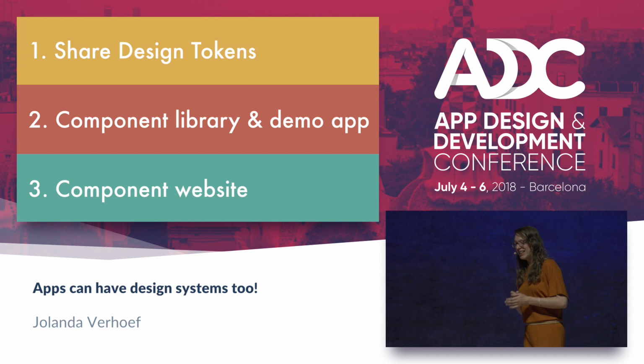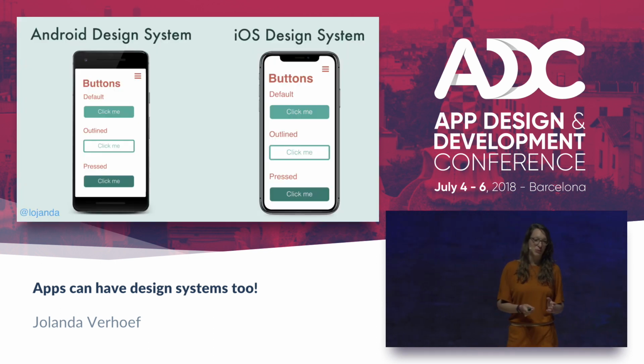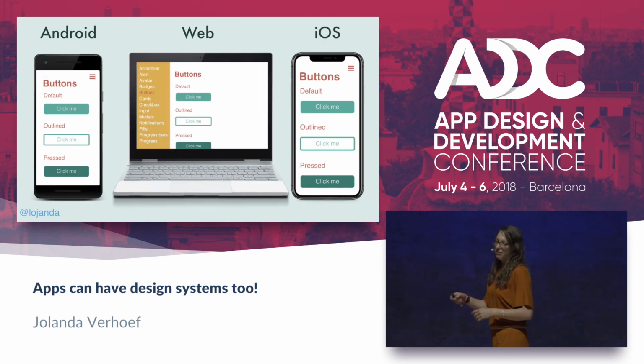And that is kind of cool, but it's not fully ideal, because we now have this Android app that will show us all the components that are available for Android. We have an iOS app that shows us all the components that are available for iPhones. And we have a web design system that will show us all the components that are available for web.